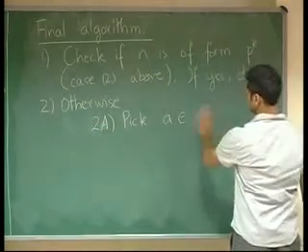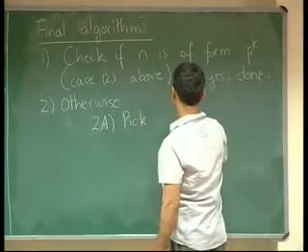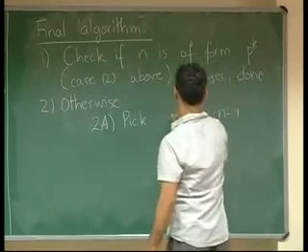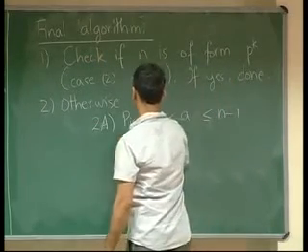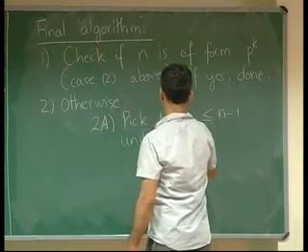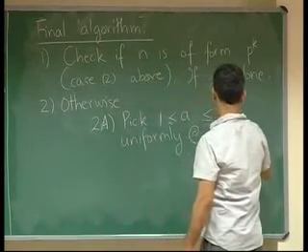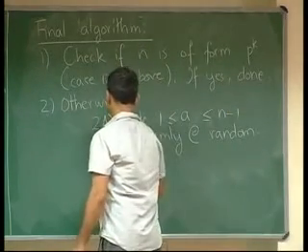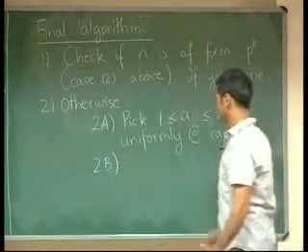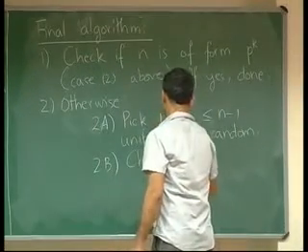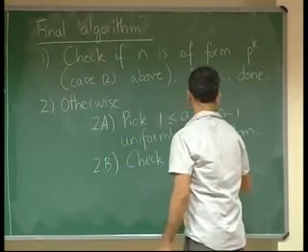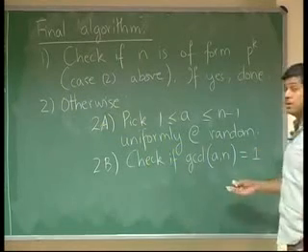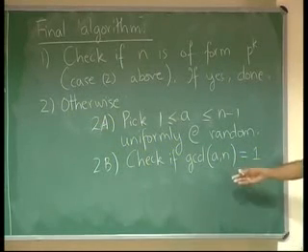Okay, how do you do this? Let's just write it out in full. Pick a number a between 1 and n minus 1 uniformly at random. Check if it's co-prime with n. If not, you have a non-trivial factor of n, so you're done.